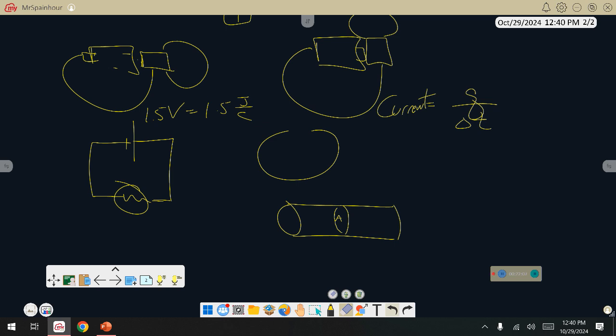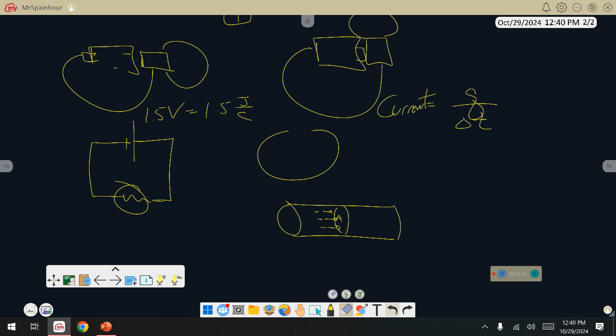The current of a river is related to velocity, but is not velocity. In what way would it affect the current if we increase velocity? More water moving, or in this case, more charge moving past this particular area. If those charges are going faster, then we're going to get more charge going past that particular section.